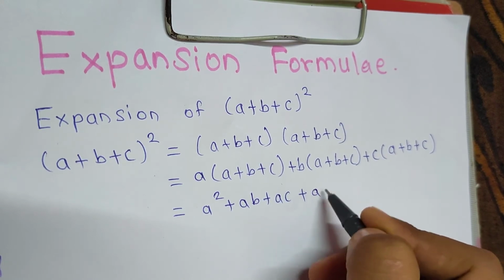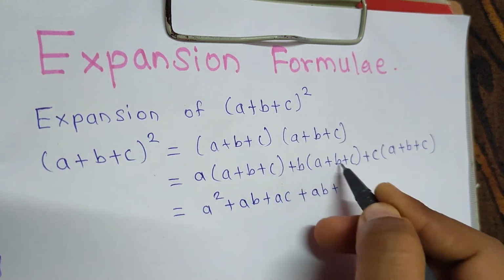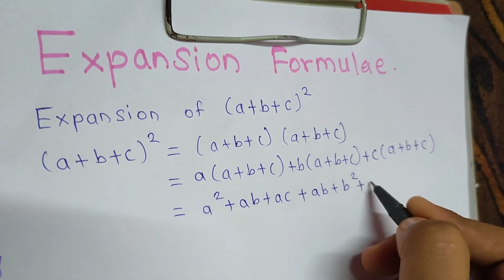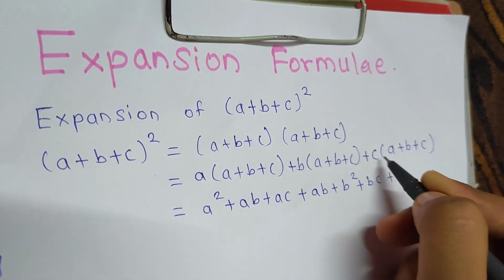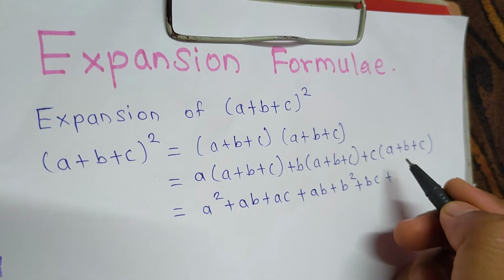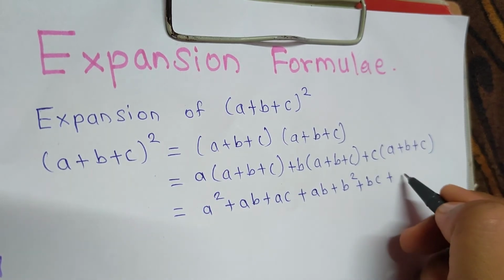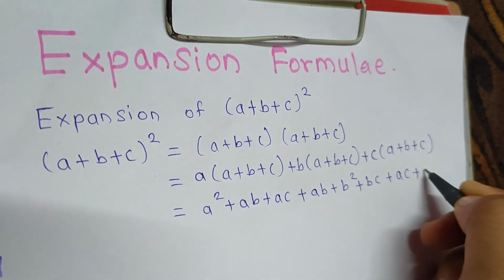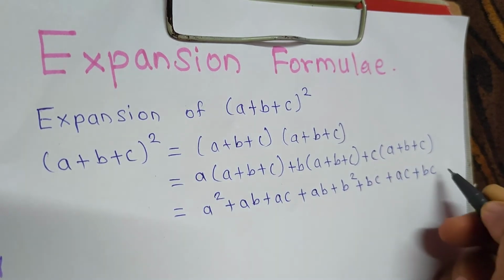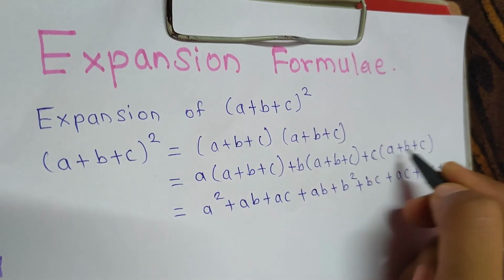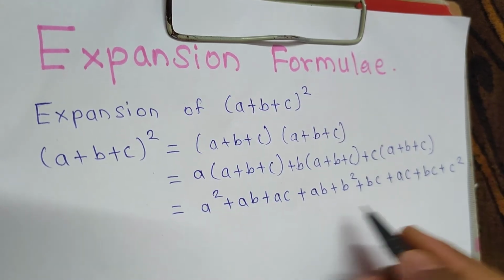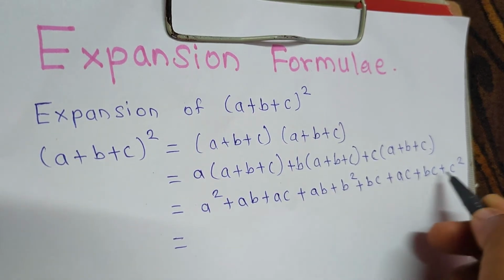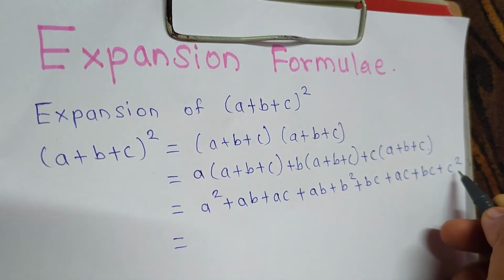We will write it as ab, plus b into b, b square, plus b into c, bc, plus c into a, you can write it as ca or ac also. So we will write it as ac, plus c into b, bc also or cb also, plus c into c, c square.